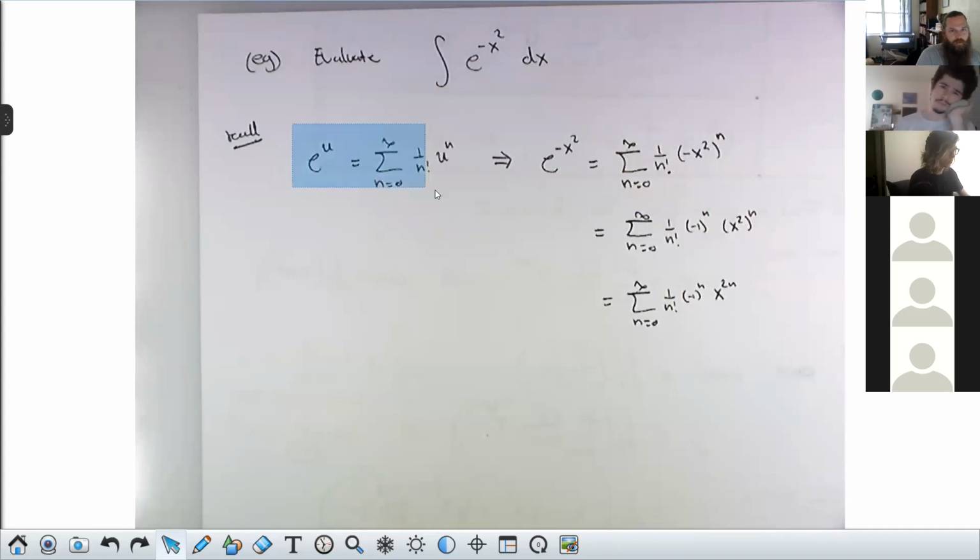And the interval of convergence at the start is all real numbers, so we can trust that this is also going to be all real numbers.